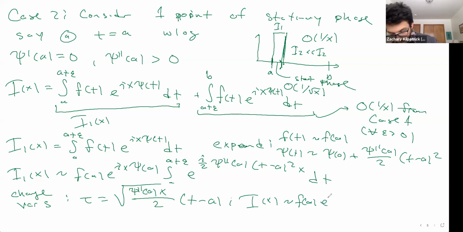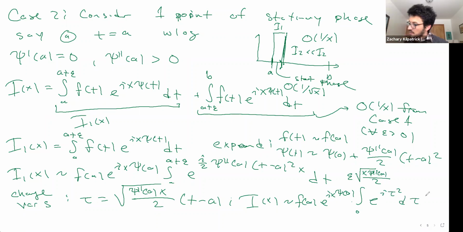e to the i x psi of a, integral from 0 up to epsilon, times x psi double prime of a over 2, e to the i tau squared d tau. Now we have an epsilon, but we have an x.